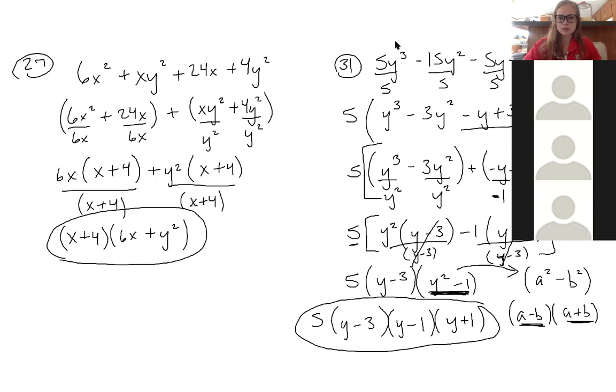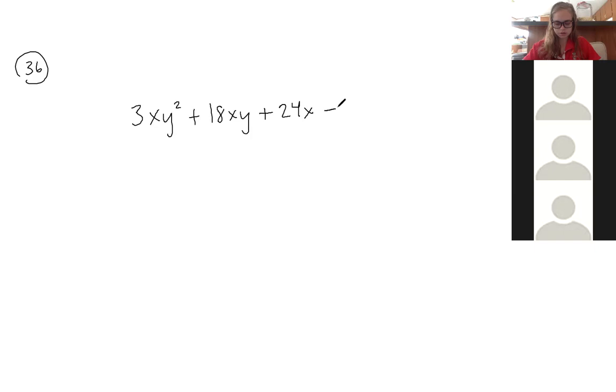All right, let's go to number 36. So y plus 4 is a factor of 3xy squared plus 18xy plus 24x minus y squared minus 6y minus 8.